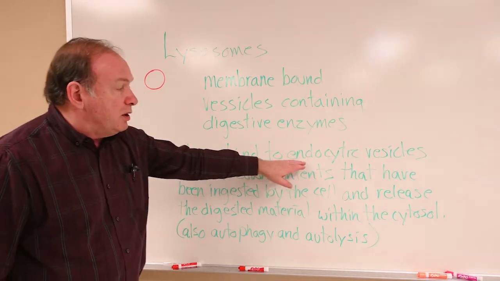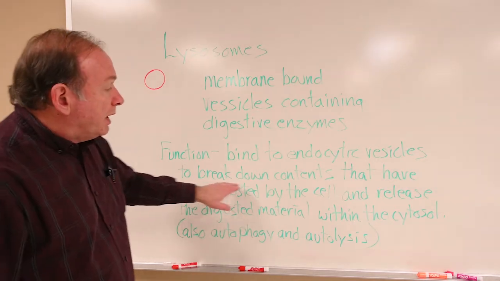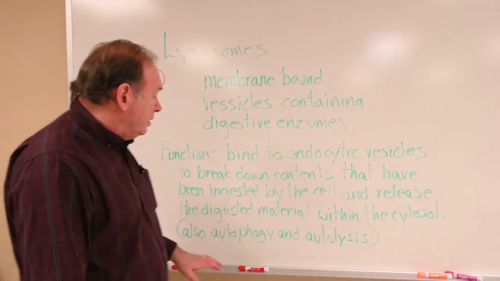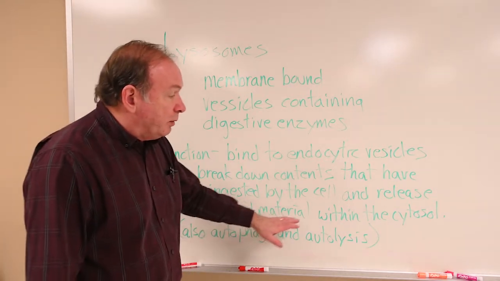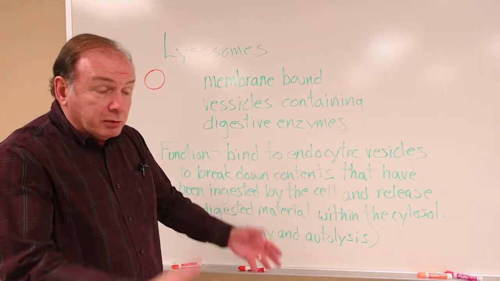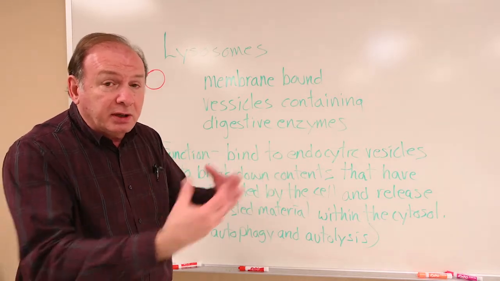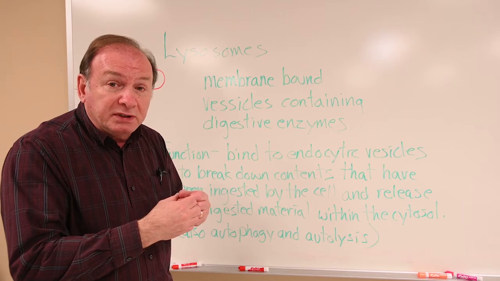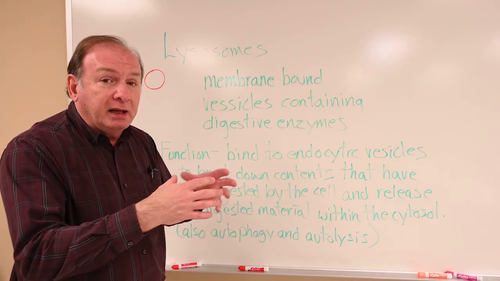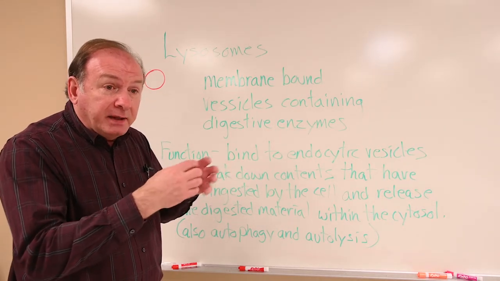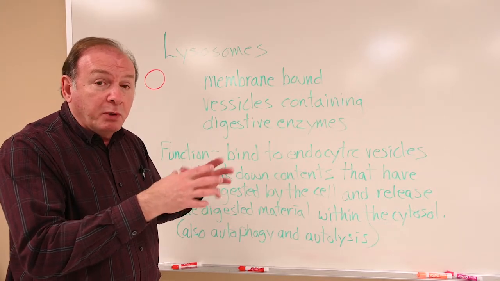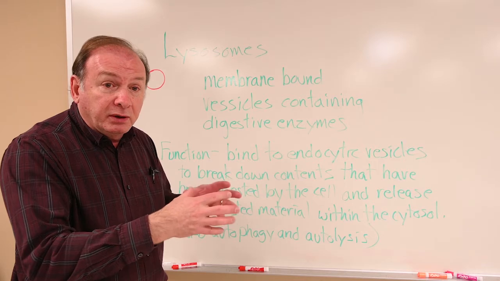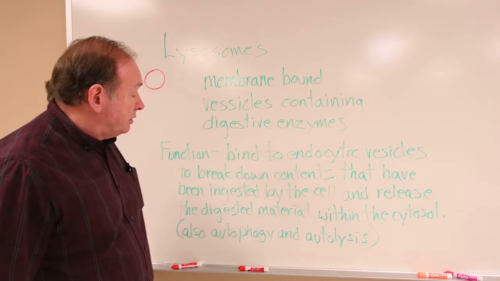So it brings in these endocytic vesicles and breaks down the contents that have been ingested by the cell and releases the digestive material within the cytosol. So the cell eats things, essentially, takes them in, and this vesicle that contains what was eaten combines with a lysosome vesicle, and then the digestive enzymes from the lysosome break down the contents of that vesicle, and then the materials are released into the cytosol.